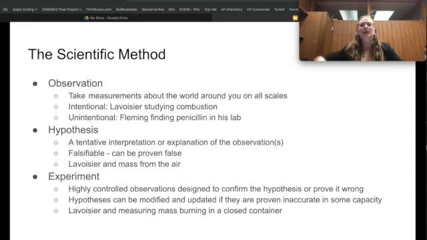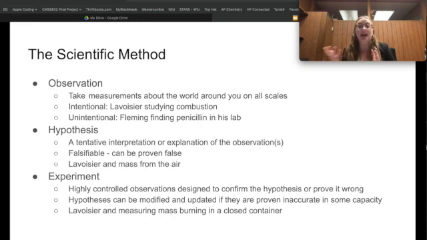He did lots of experiments where he was able to have something combust while it was sealed in a jar, so he knew nothing was coming in or out. He wanted to know what happened when you did that. So he was intentionally doing experiments to help him understand the world around him, and what he wanted to understand was combustion, or fire.